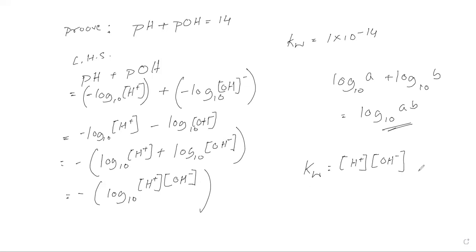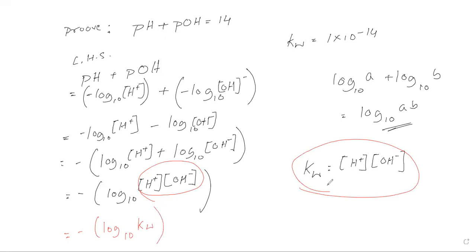We can simply replace it with Kw and write negative log base 10 of Kw, because that's the same thing from this equation. We are simply substituting the term. After substituting, we know that Kw is 1 into 10 to the power negative 14, so we further substitute the value for Kw inside the logarithmic function.